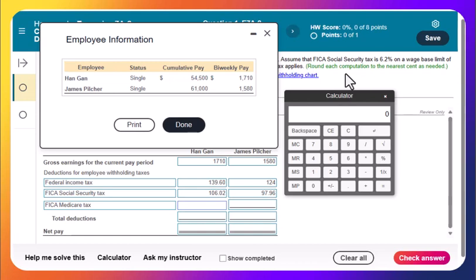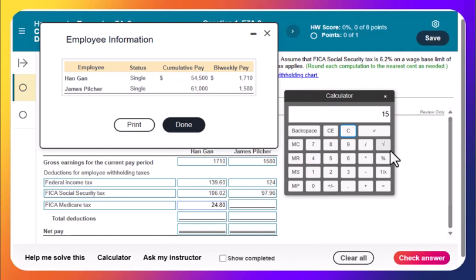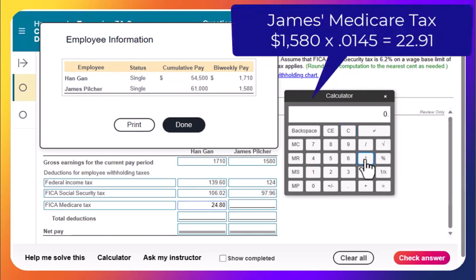So let's go ahead and input in our calculator here 1710 times 0.0145 for Han's Medicare, and that we will round to 24.80. We can go ahead and clear out then and move on to James, and his will be 1580 multiplied by that 0.0145, so 1.45%, and that will equal 22.91, and we can go ahead and enter that here.